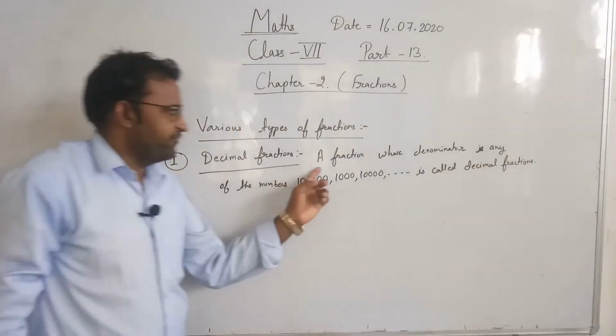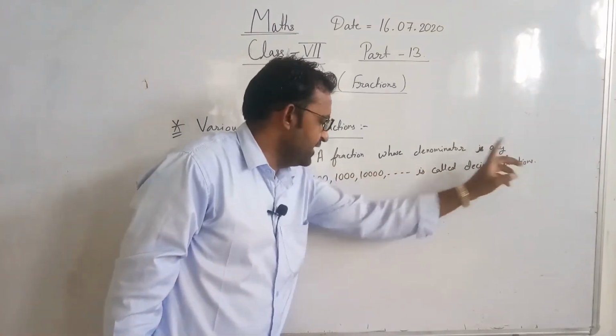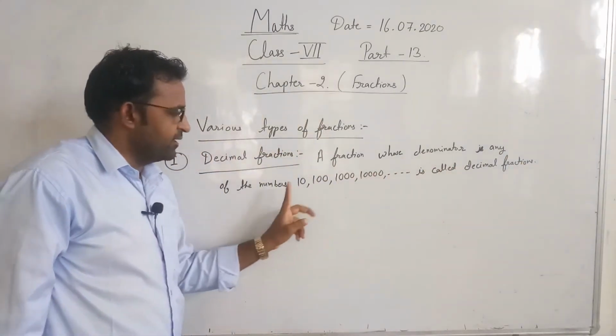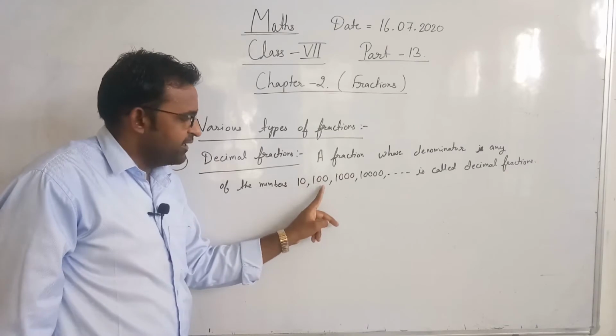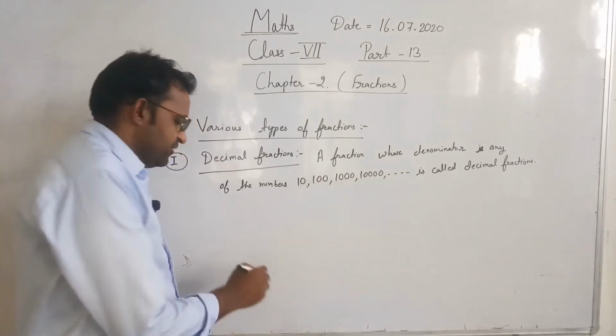So decimal fraction: a fraction whose denominator is any of the numbers 10, 100, 1000, 10,000.